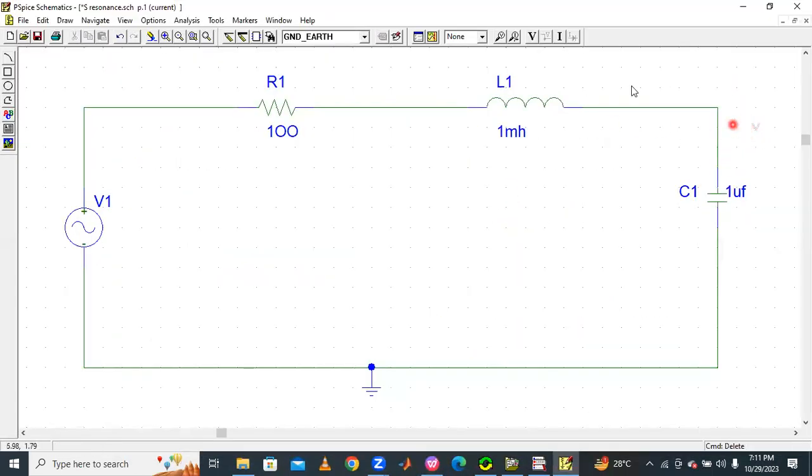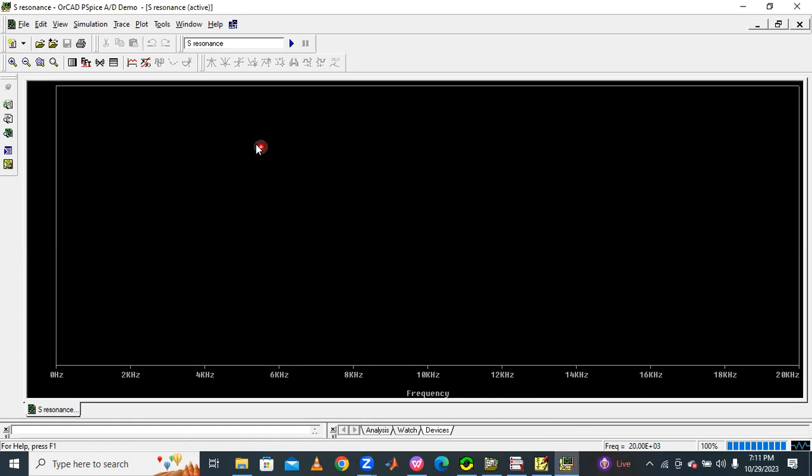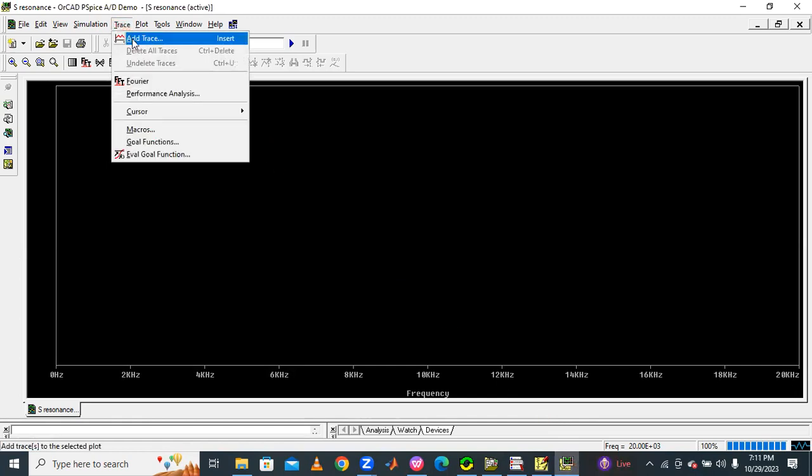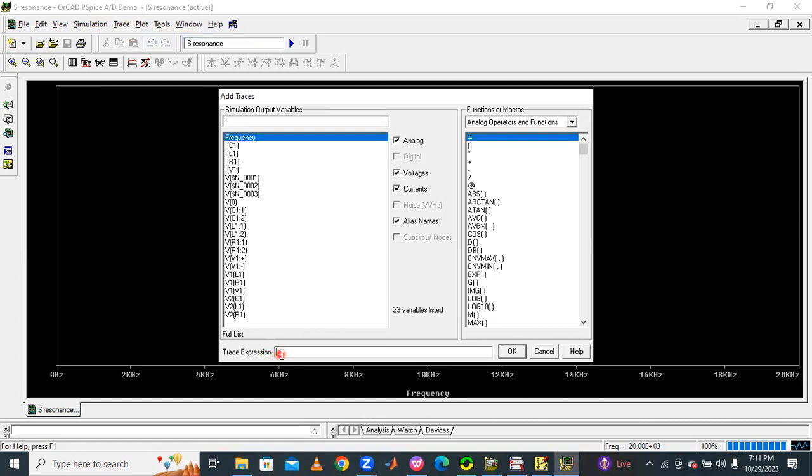Remove this marker and press simulate, and then open a new window if it is empty, go to trace, add trace, and write this expression: 2 pi f, frequency, 2 pi f into L. L is how much? 1 millihenry.